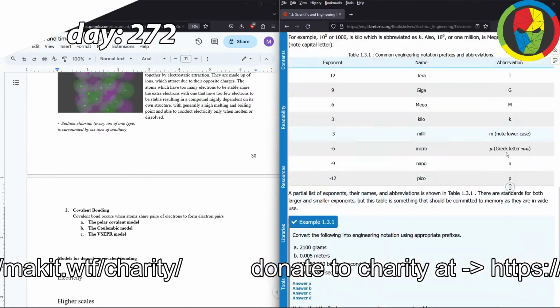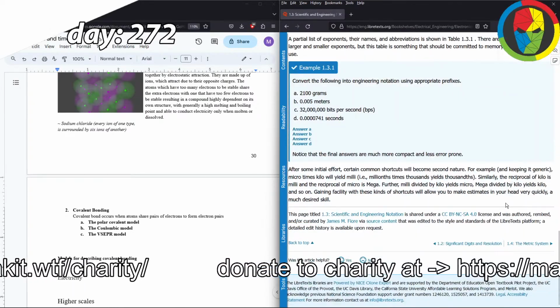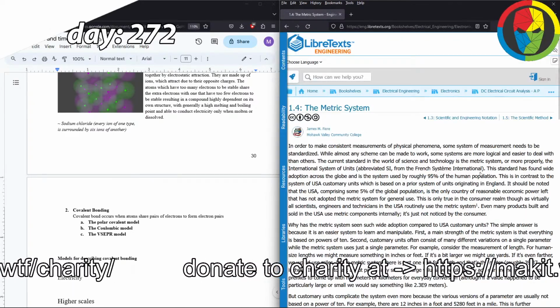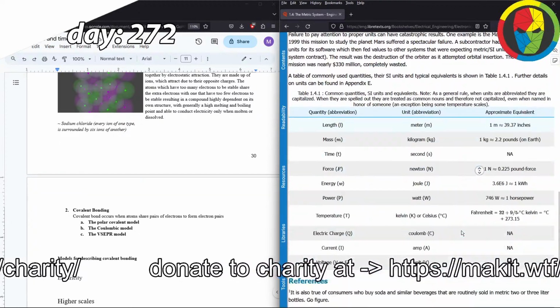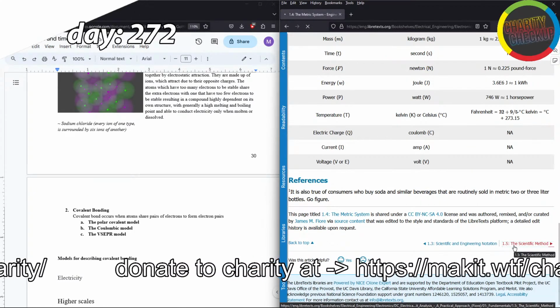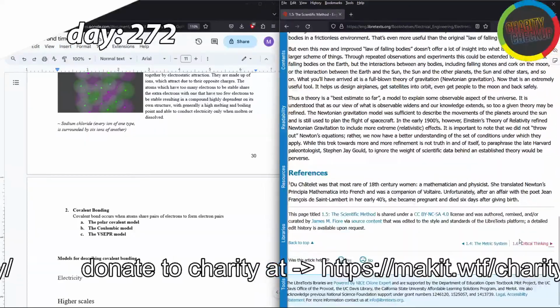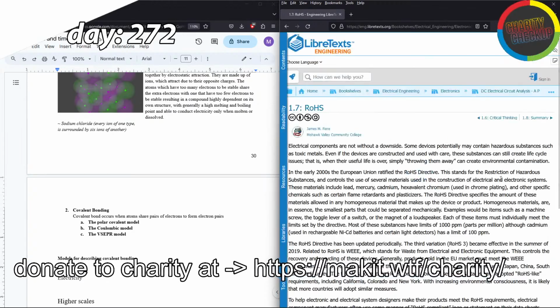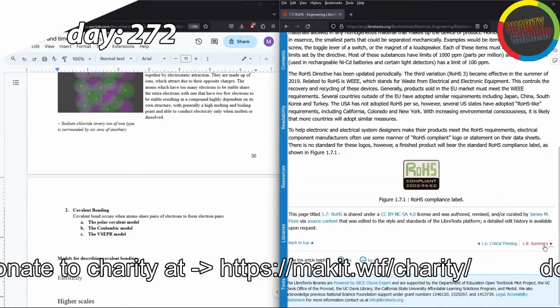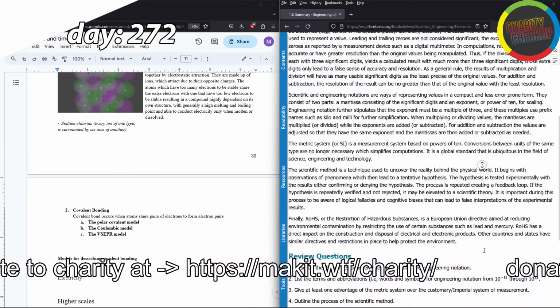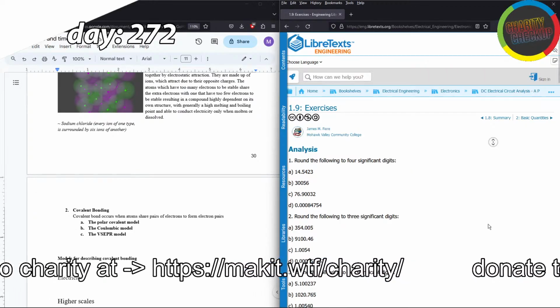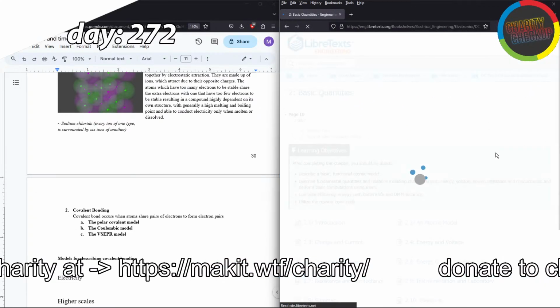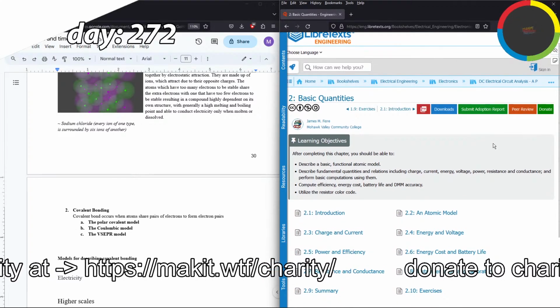No, scientific notation. Metric system. Oh yeah, we're getting it. Also, the metric system. Funny. Yup, critical thinking. And exercises for absolutely nothing. And there we go, now I'm in chapter 2.